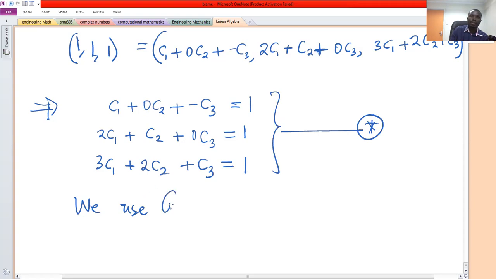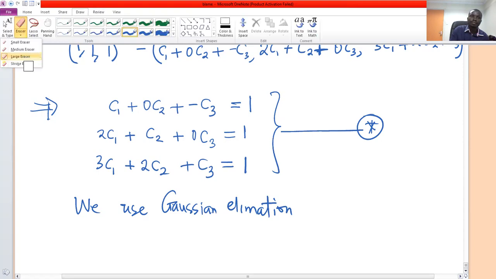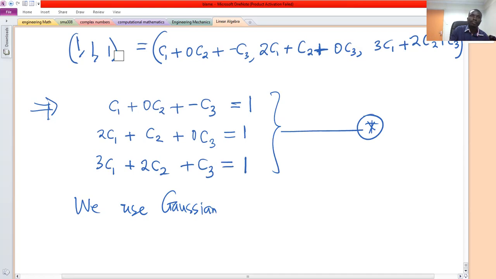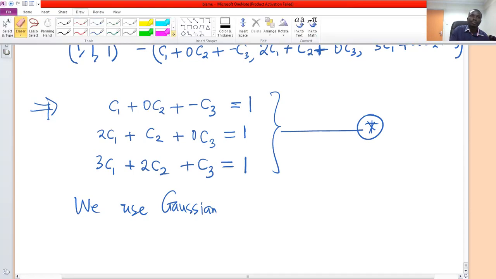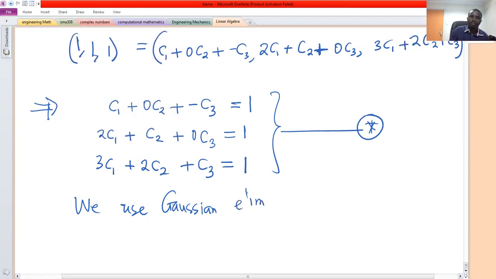We use Gaussian elimination or any other method that you like to solve star.